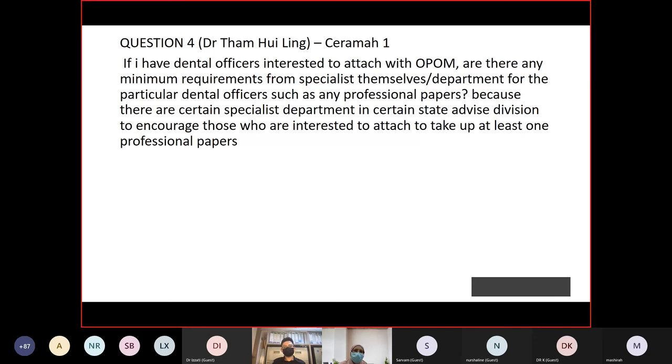Those who have professional papers or have passed exams would of course be given priority, but it also depends on whether the specialist would accept you or not. We can still accept those without papers, but we would encourage them to sit for the professional exams while doing the attachment.